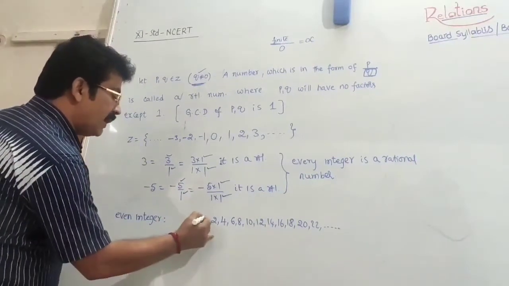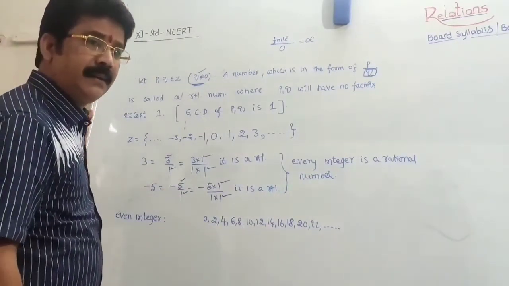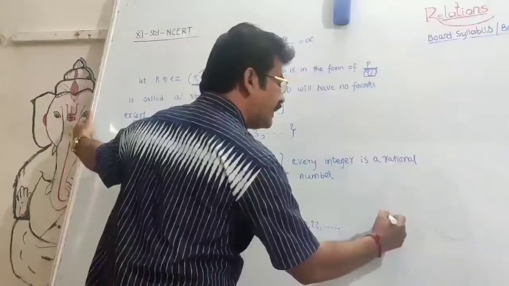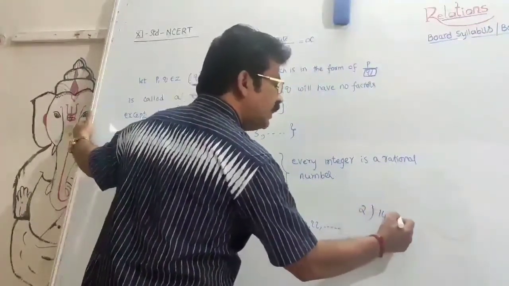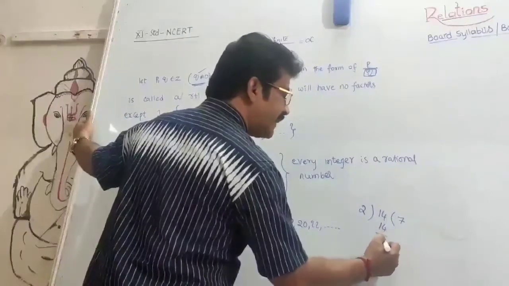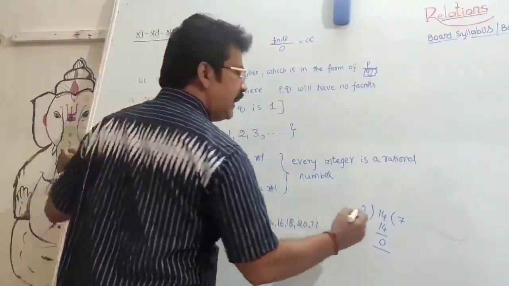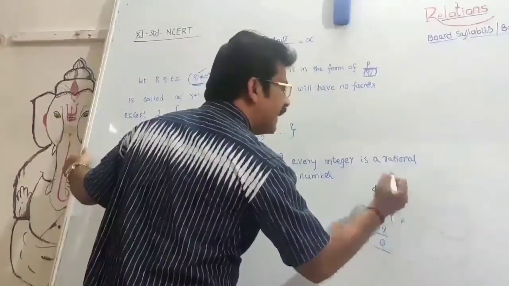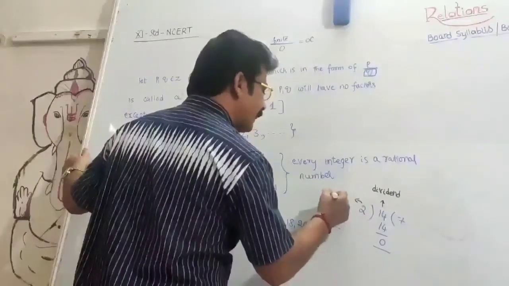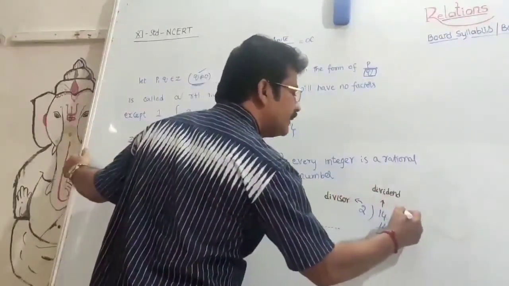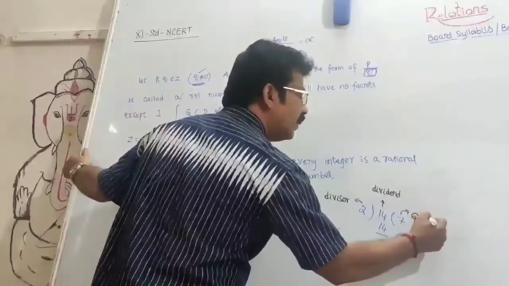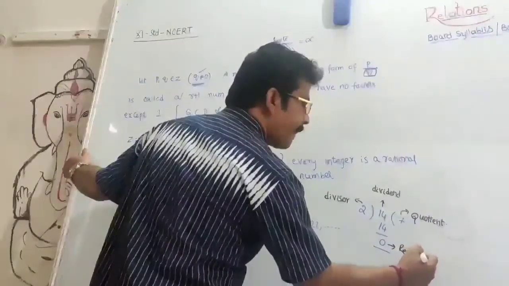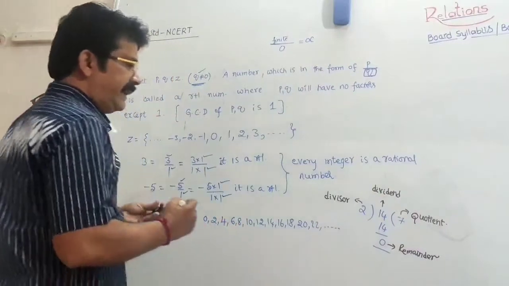Remember, 0 is also an even integer. For example, take 14. 14 divided by 2: 2 sevens are 14, remainder is 0. This is called the dividend, this one is called the divisor, this one is called the quotient, and this one is called the remainder.